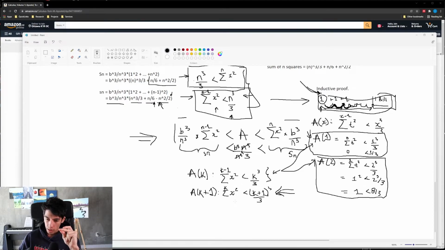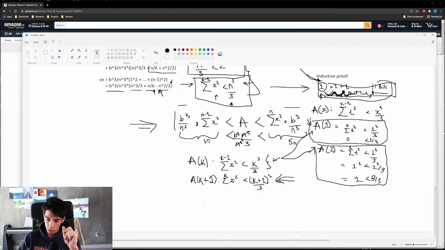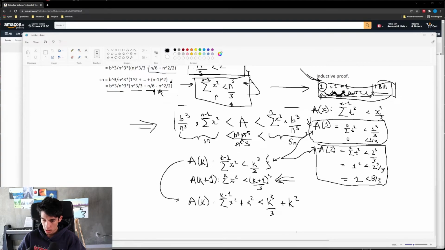We can show this to be true by instead taking this thing that we know to be true and slightly modifying it. So a of k, and then we take the same thing, the sum of x squared up to k minus 1. We will add k squared to the left side, and then we'll have k cubed over 3, which was the same term right here, and add k squared to the other side as well.